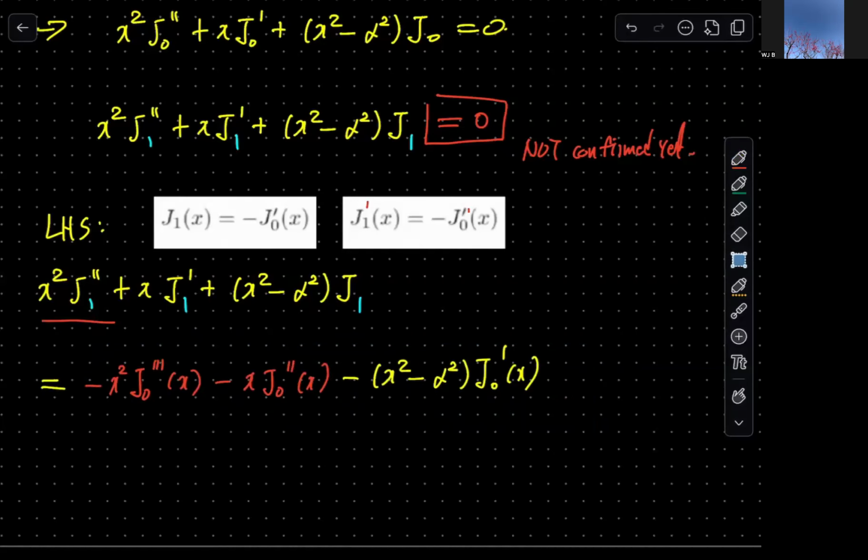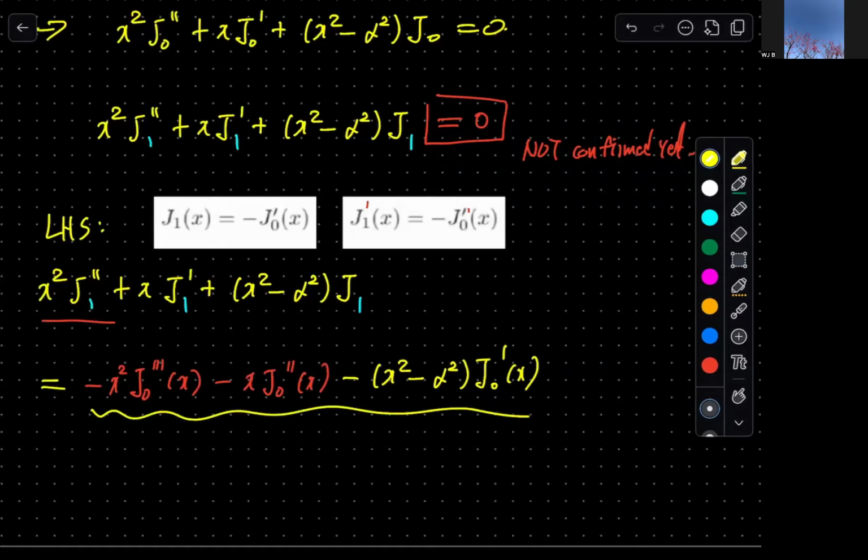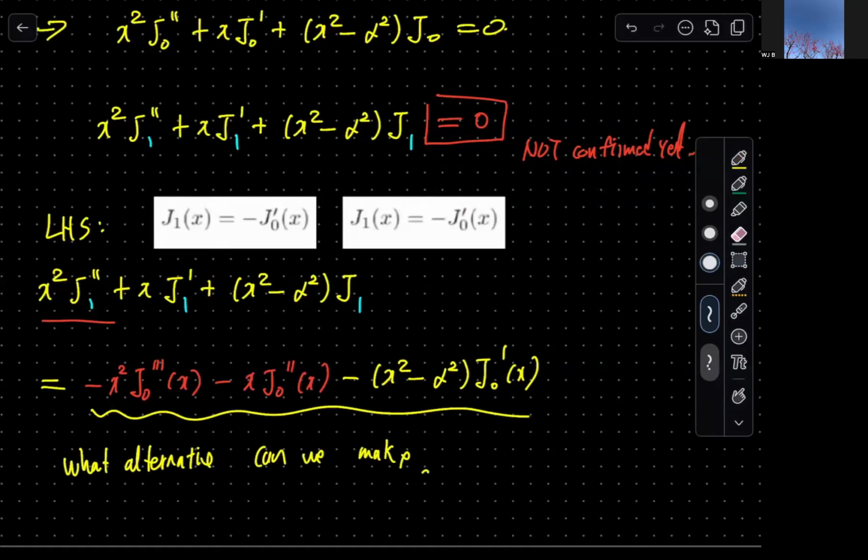But I need to solve it, right? So I cannot let this be equal to 0. Where else can I come up with this expression? What alternative can we make? If you differentiate J0, you get J1. At first, I only used substitution, so this is only by substitution.